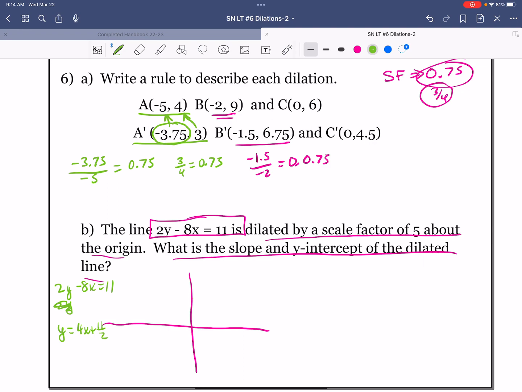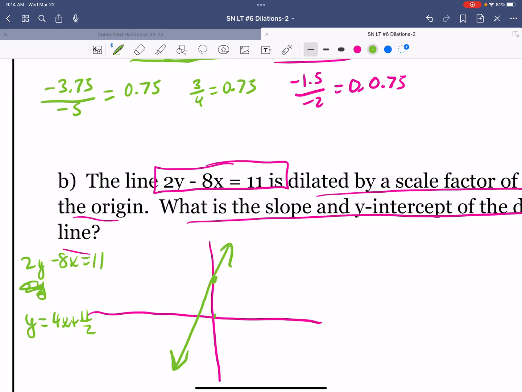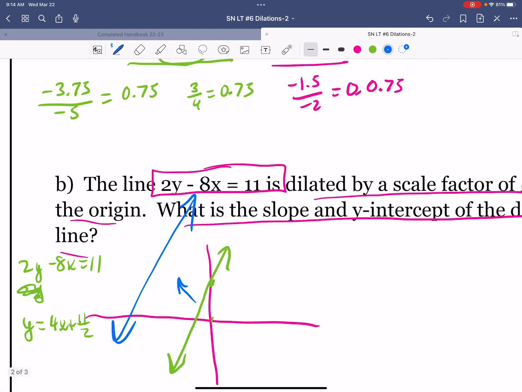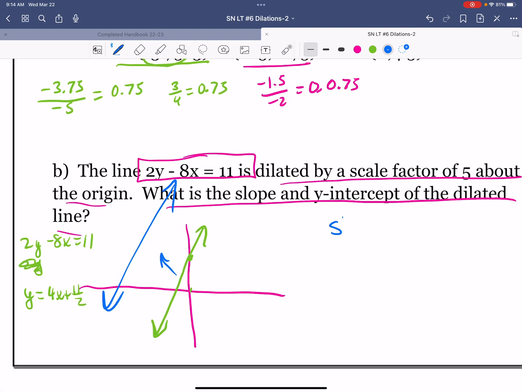That tells me it's going to look about like this. Now, if I dilate about the origin, and I think of doing that to every point on this line, what essentially is happening is that it's just moved out, but the two lines will be parallel. So what is the slope? The slope is the same.